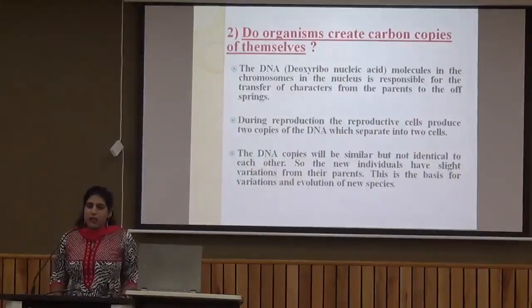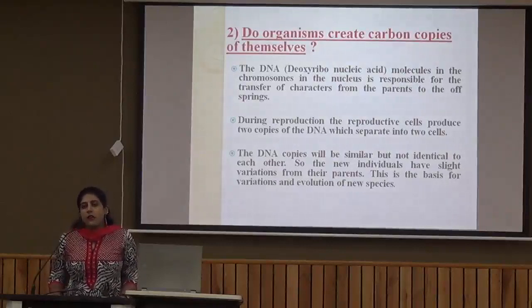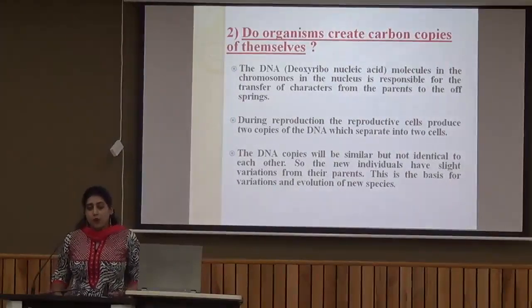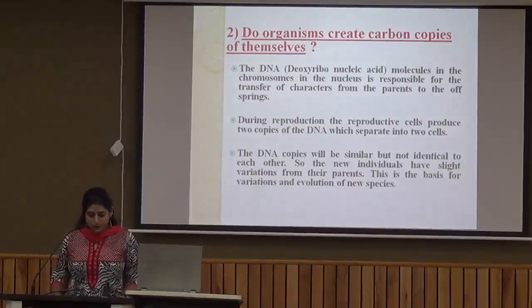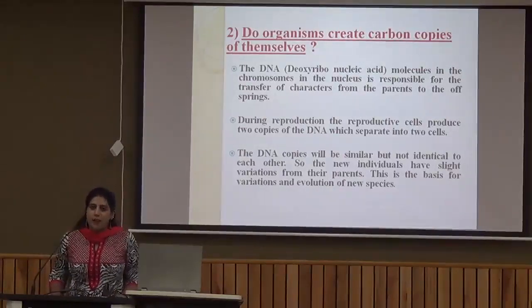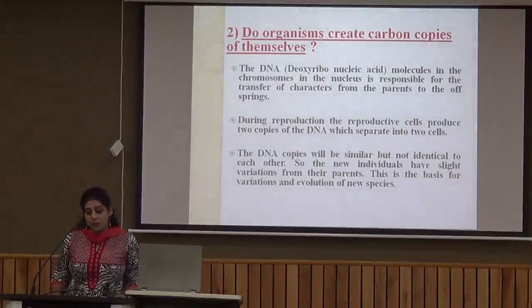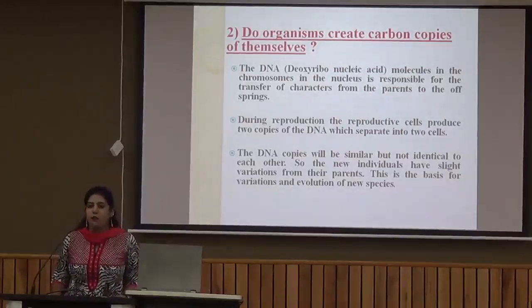Now the question is, once the offspring is born, do they create a carbon copy or an exact copy? So the question here is, do organisms create carbon copies of organisms? The DNA, the deoxyribonucleic acid molecules in the chromosome, in the nucleus, is responsible for the transfer of the characters or genes from parent to the offspring.